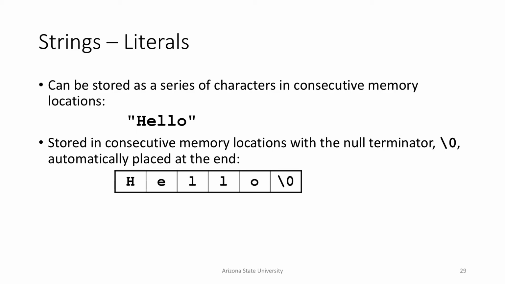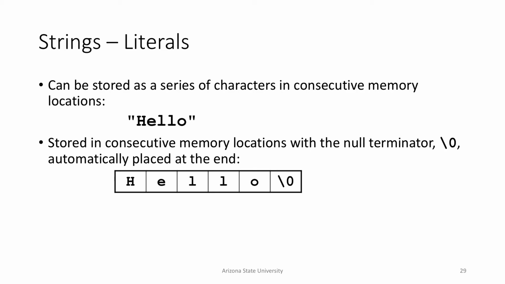It stores H in some memory location, then the little e in the next memory location, then L, then L, then O. I'm not storing the quotation marks themselves in memory. So how does the C++ compiler know this is the end of the string? Because there's no indicator to say this O is the last character.